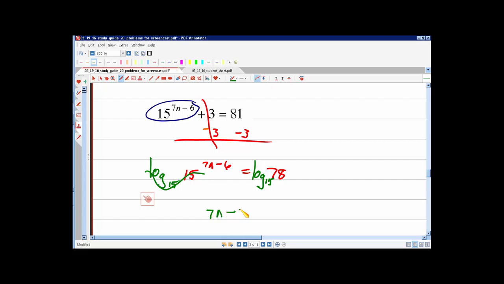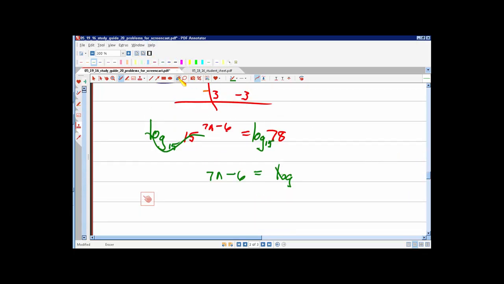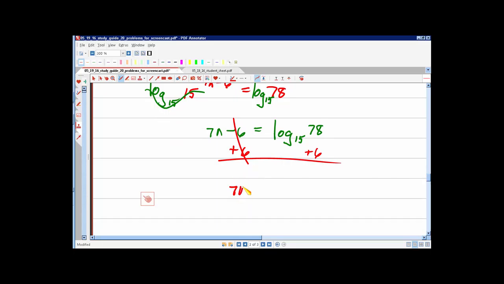I'm going to get 7n minus 6 equals log base 15 of 78. So I want to add 6. So I'm going to get 7n equals 6 plus log base 15 of 78.